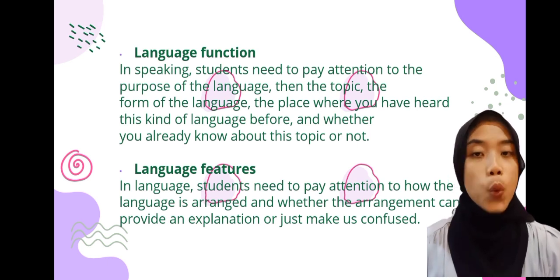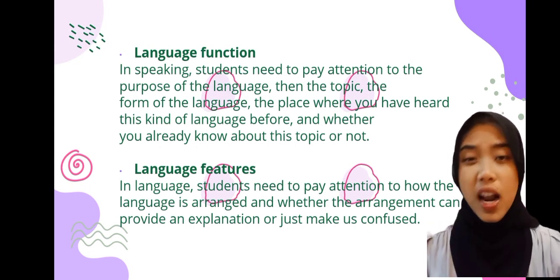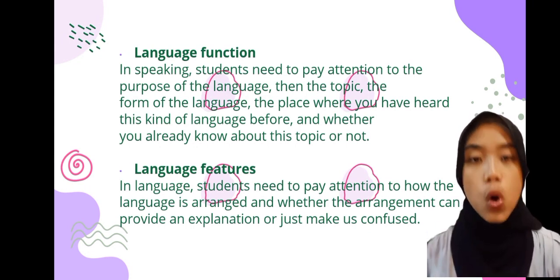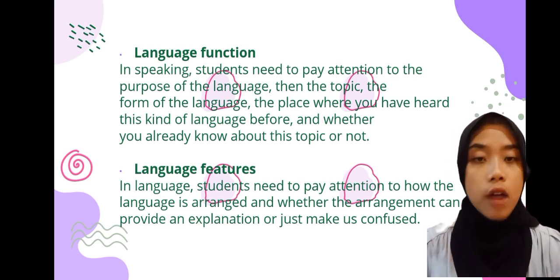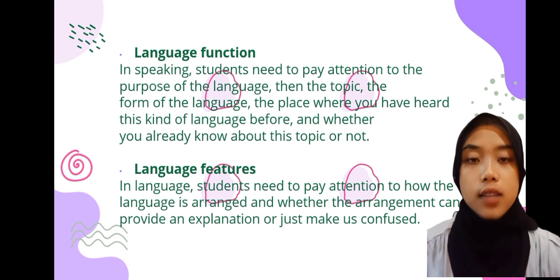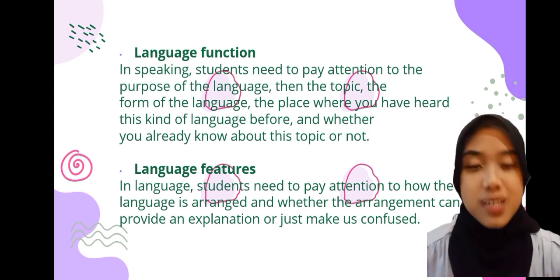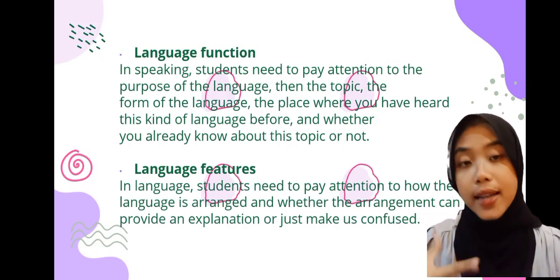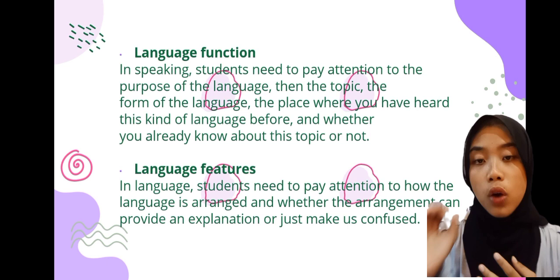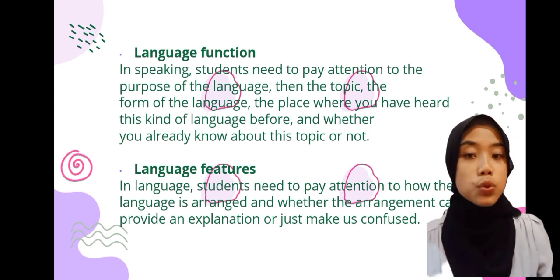In addition, we need to consider whether the ideas in the topic are fact or opinion, what is included in it, and what is left out is also important for us to pay attention to. Then it's also important to pay attention to who agrees with those opinions and how you can respond to the conversation.